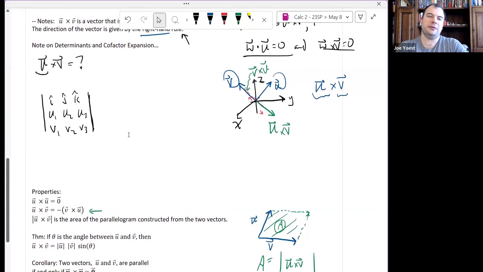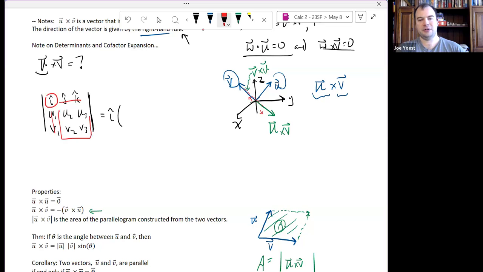I can compute a 3x3 determinant in a couple ways. One way to do it, kind of the way that I like to do it, you might have seen this before, you may not have, is I can take i hat, and then I can forget about the row and column that i hat is in, and I can focus on this 2x2 block, these 4 numbers here.